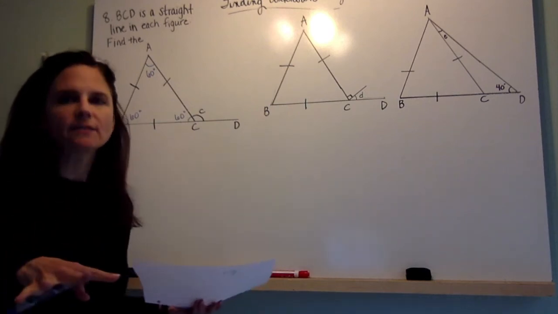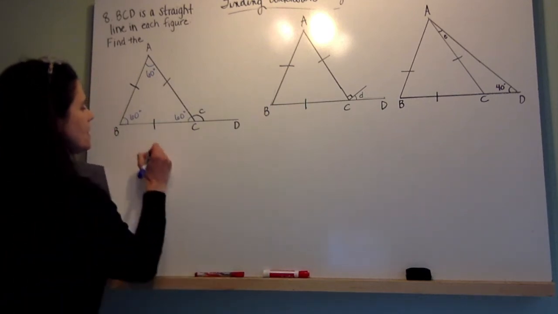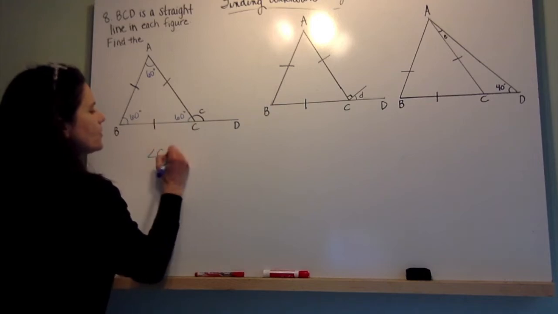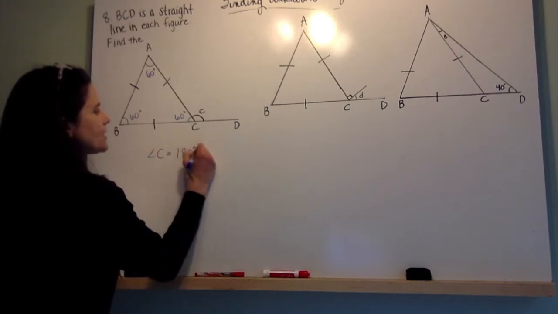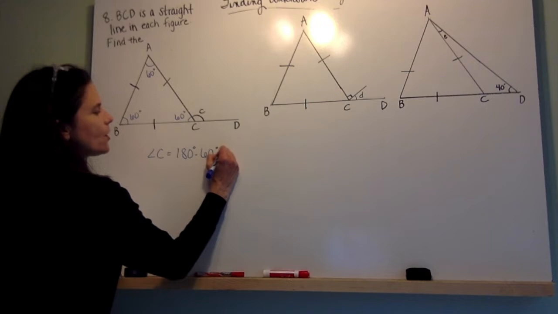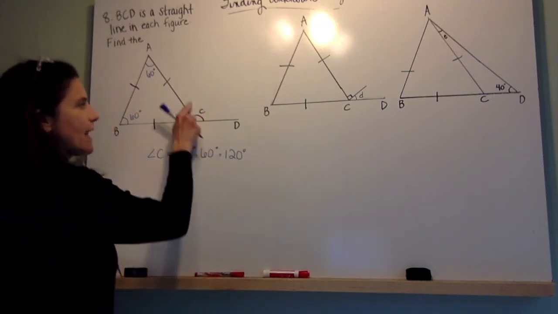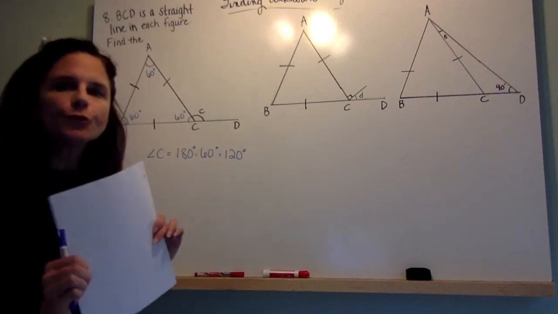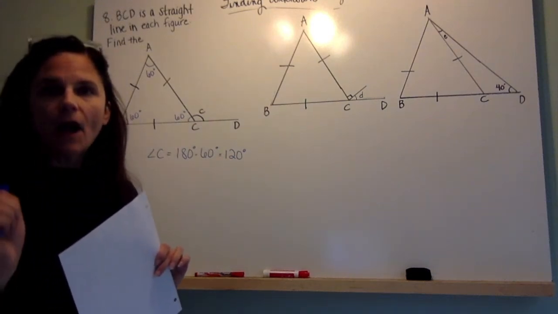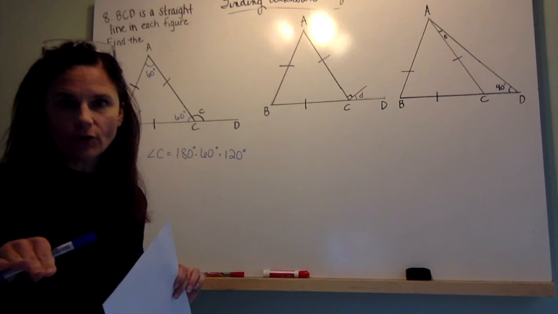So there's really 2 ways that you could solve for angle C. Angle C could be 180 degrees minus 60 degrees, which is 120 degrees. Hopefully you see that, and that's reasonable. Or you could have used the property regarding the external angle of a triangle.